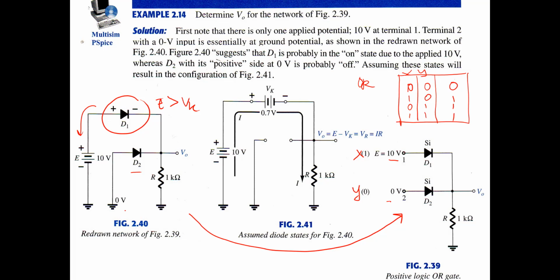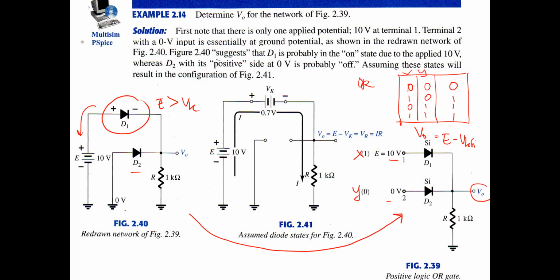So the output voltage here is E minus Vk of silicon. This is the VO here.